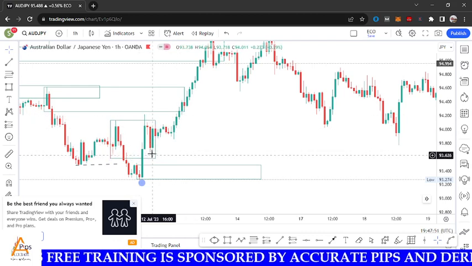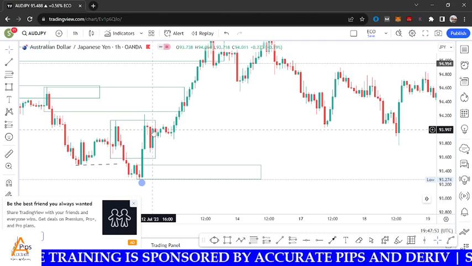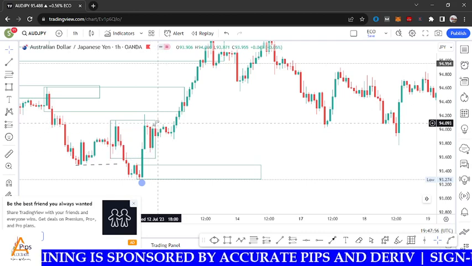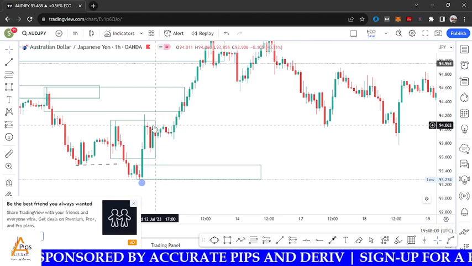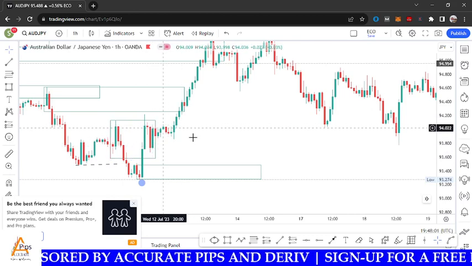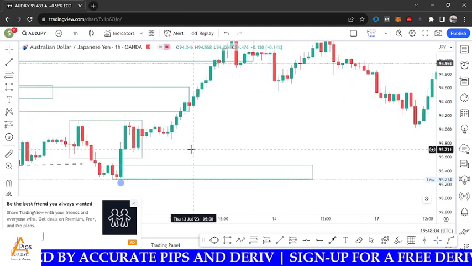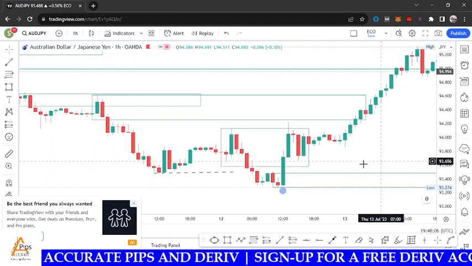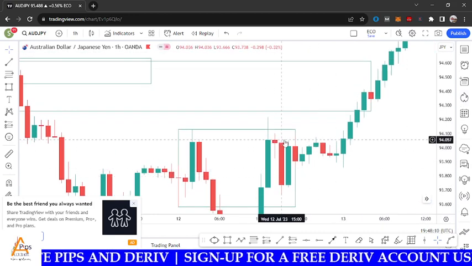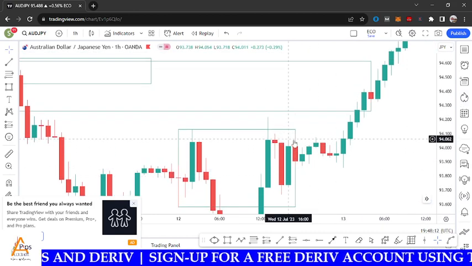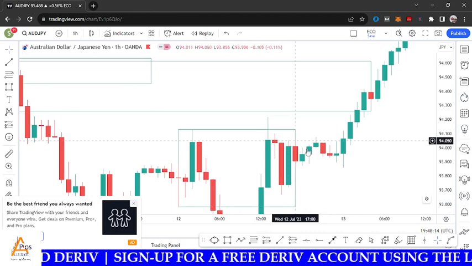After this guy took this low, this guy took its high, but this red didn't take the low of the green, but has an equal high with the green. I don't know if you guys are able to see that, so let me zoom in. Over here, these two guys are having equal highs.